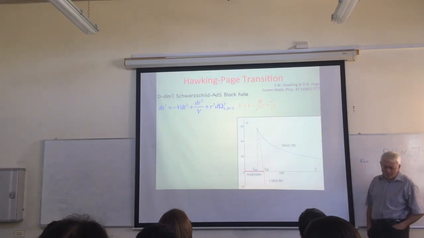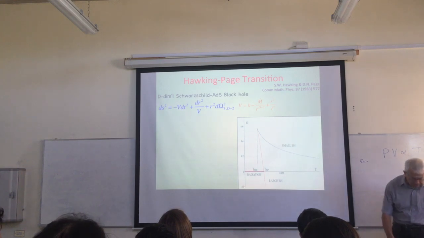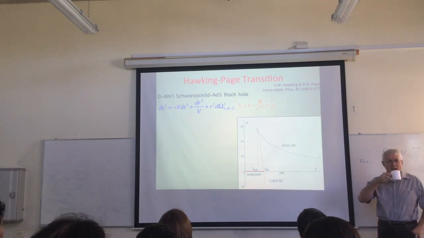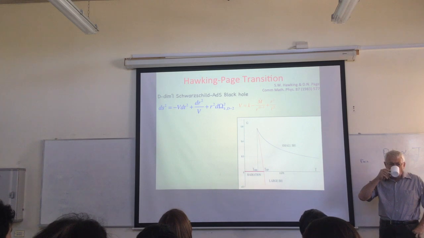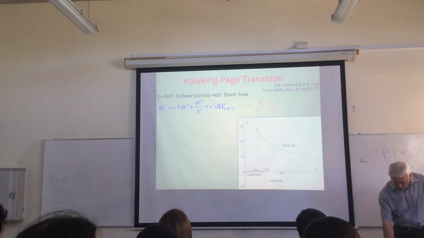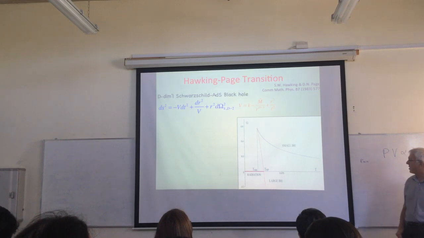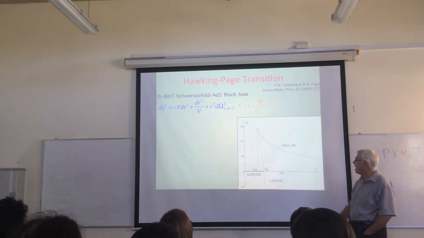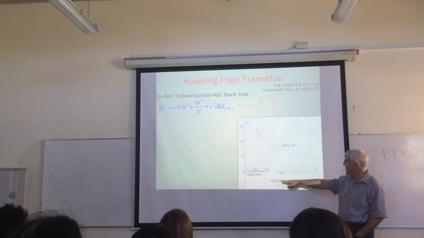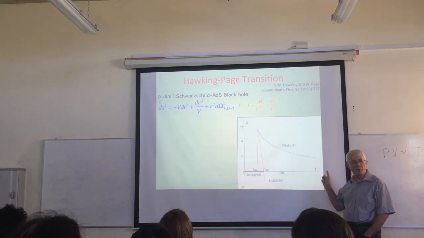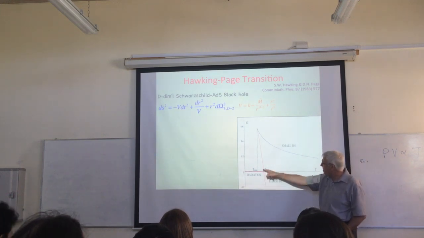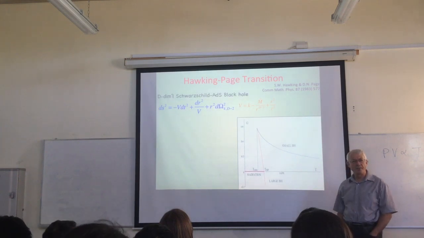And what they did was compute the free energy of the black hole using slightly different methods than what I've presented before, but you basically get the same answer. And what they found was this. If you plot the free energy of the black hole as a function of temperature, you get two branches. You get a red one here and a blue one there.